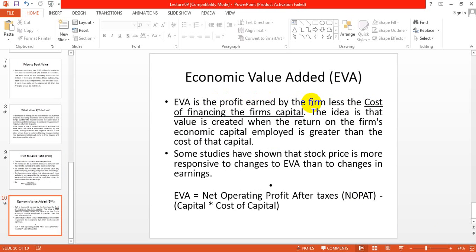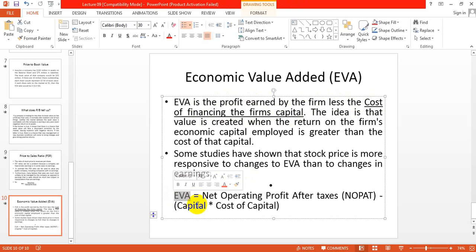Profit earned by the firm, and from that we will deduct the cost of financing the firm capital. What is the formula? Economic value added is equal to net operating profit after taxes, net profit, minus the cost of financing, which is total capital multiplied by the cost of capital.